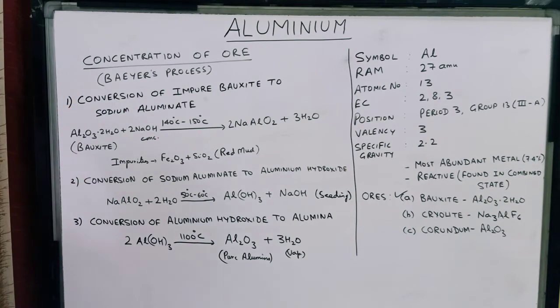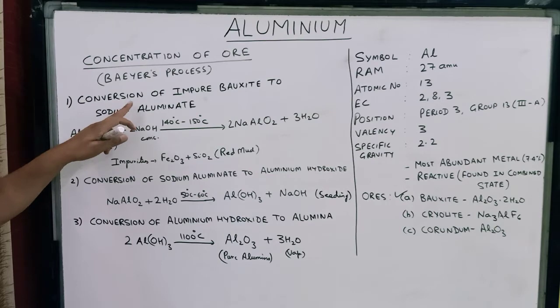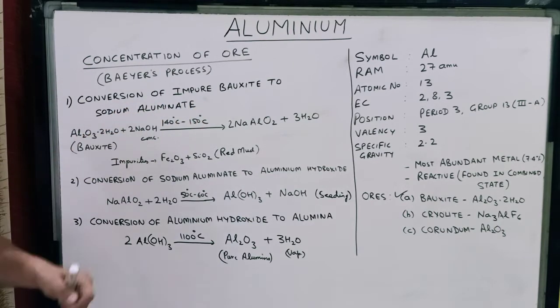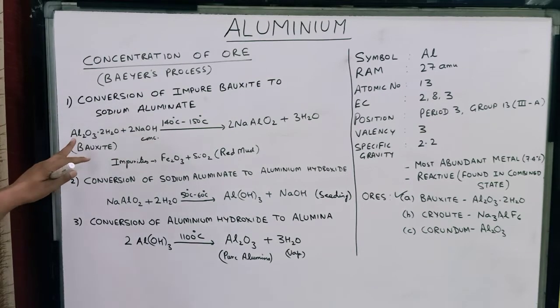Although one more method of concentration is given, we are only going to study Bayer's process. In this method, the first step is conversion of impure bauxite to sodium aluminate. This hydrated aluminium oxide is an amphoteric oxide.